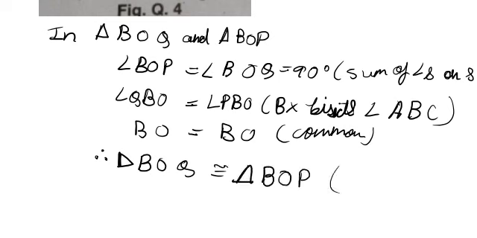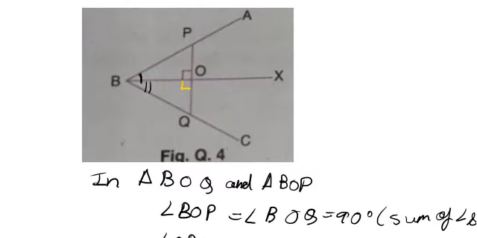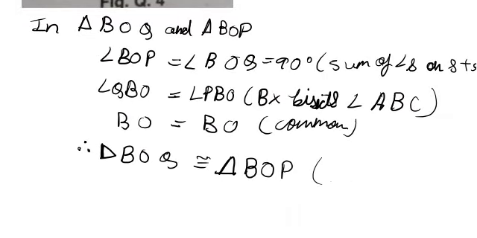And what reason do we give here? You can see this side is equal in both the triangles. So between two angles we have one pair of side, so ASA, fine. So the reason becomes angle side angle, that is ASA.